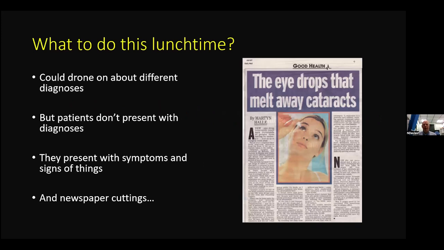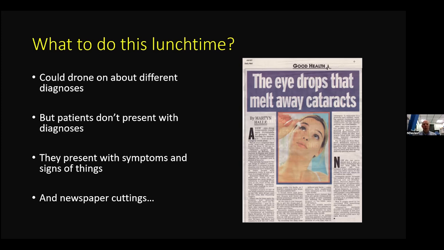So this is the problem that you have: if I wanted to, I could go through lots of different diagnoses and tell you how to treat them. But that's not really terribly helpful, because people don't present with the diagnosis, do they? They give you things like this, bits from the newspaper, and they've got different symptoms, and they'll tell you about something that happened with their knee that somehow is connected to their eye.